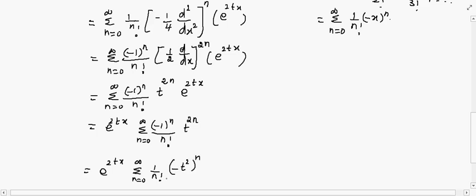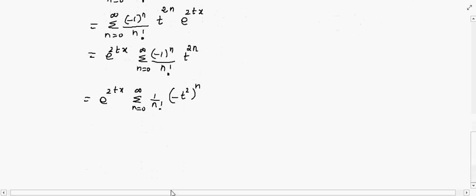The summation is nothing but e power minus t square, so it is e power 2tx into e power minus t square, or else we can write e power 2tx minus t square, which is nothing but the generating function of Hermite polynomial.